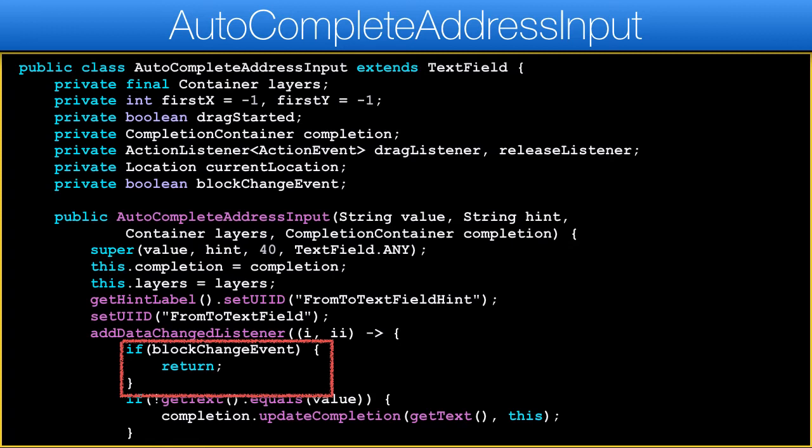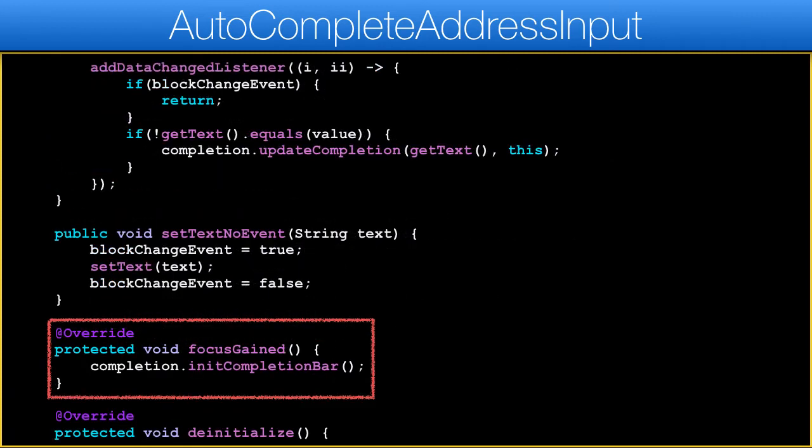The solution is a special version of setText that blocks this callback and reduces the noise in the completion code with the block change event variable. The last focused text field is the one that now handles the completion. So if the user was in the to text field, everything typed will now impact the completion for to and vice versa.